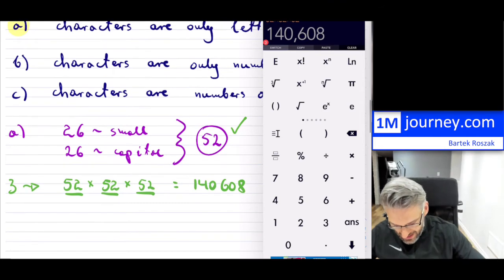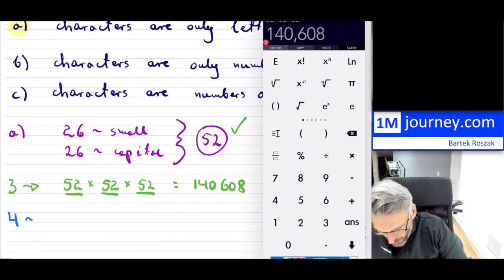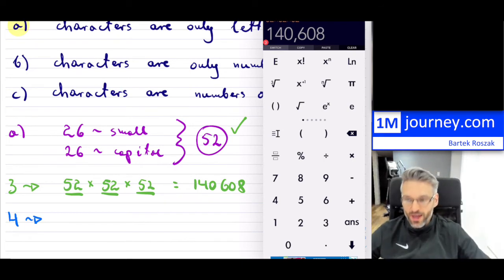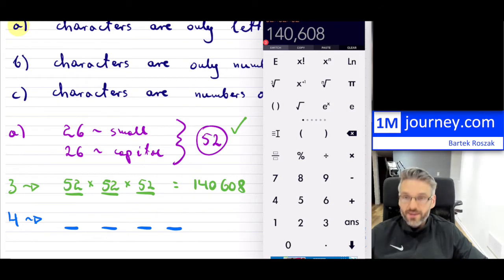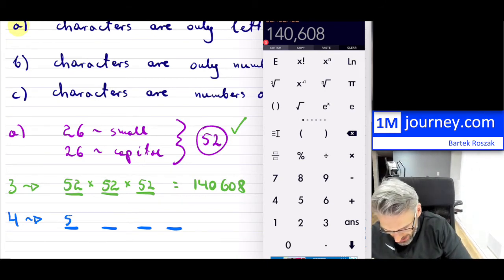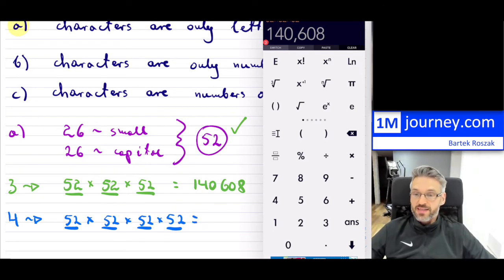Now, the second thing is, I've got to find all the possible outcomes from 4 characters. So this would have been 1, 2, 3, now 4. It's no different. I'm going to have 52, 52, 52, 52. So now I have all of these choices, which is a little crazy.